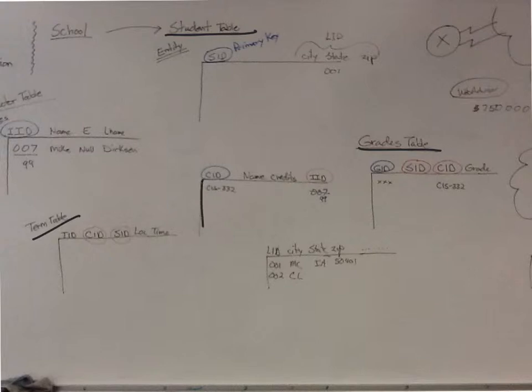We had a table here for the course ID, student ID, term ID, grade ID. So we had all those primary keys. Primary key, a unique number that identifies. Here we had CIS-332.